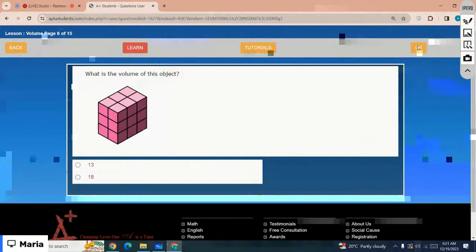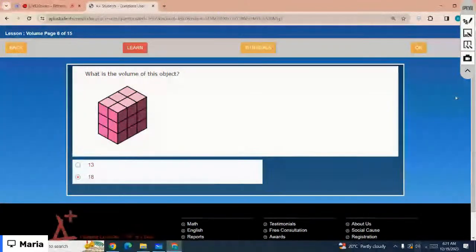The correct option is 18. What is the volume of the object? The correct option is 18.